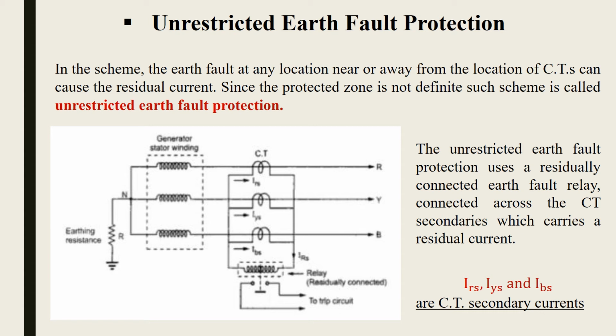Unrestricted earth fault protection. Since the name specifies unrestricted, it means that the protective zone is not definite. Here the three CTs are connected in parallel in each phase, which then supplies the residual current to the operating coil. This is known as your earth fault relay.